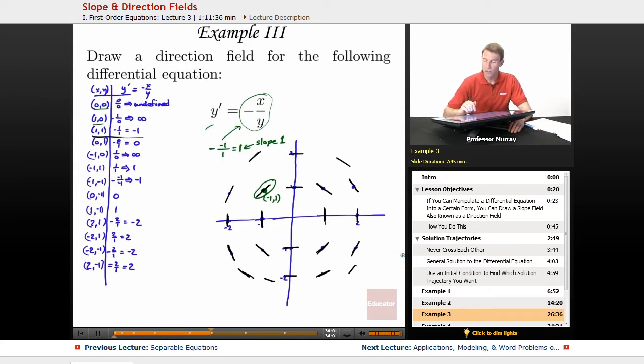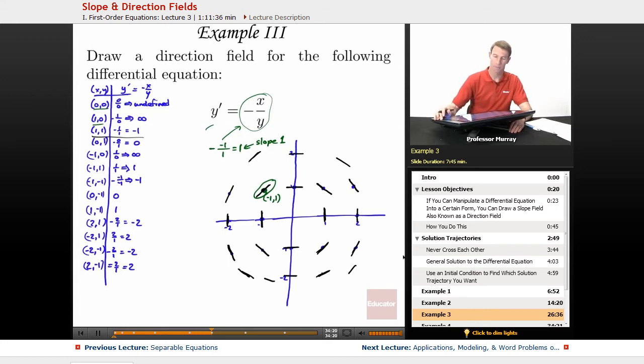Now, I am going to use a computer-generated direction field in the next example, but it's just a computer-generated version of this same thing that we're drawing by hand here. I want to stress that the computer is not doing anything mysterious. It's just saving me time and drawing a slightly nicer graph than I could draw by hand.